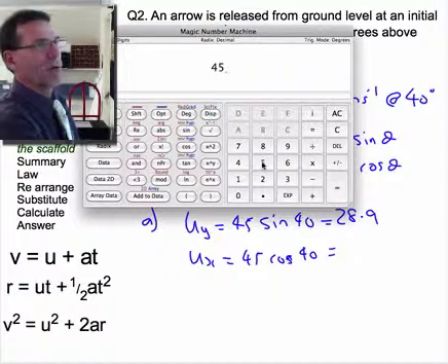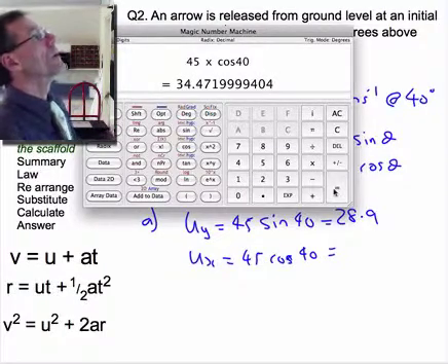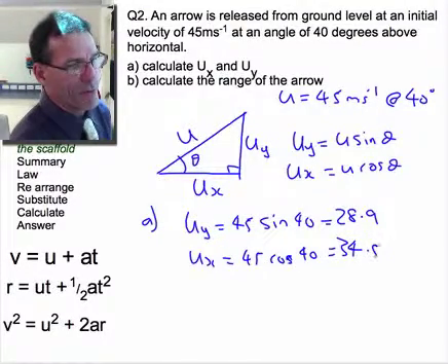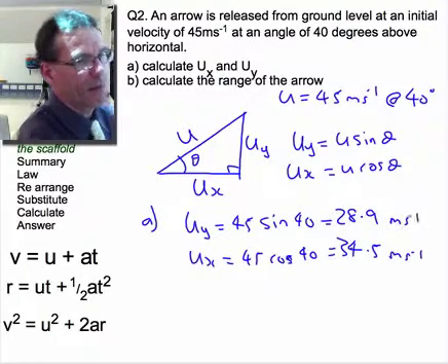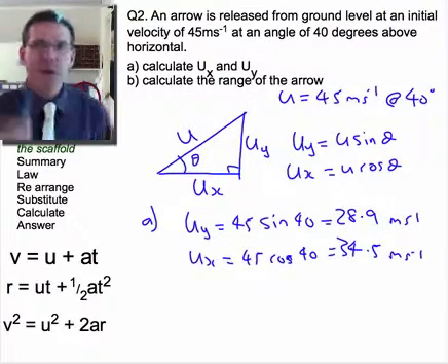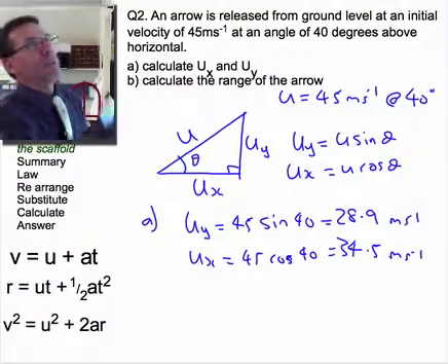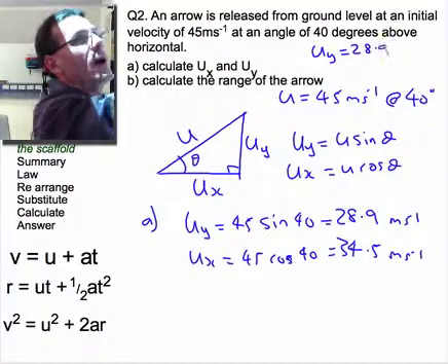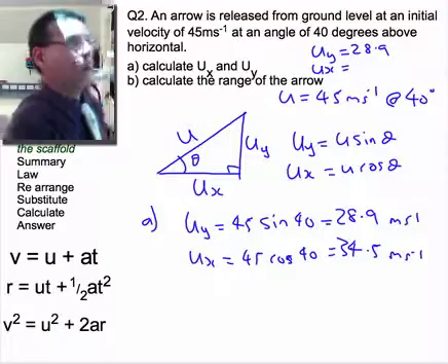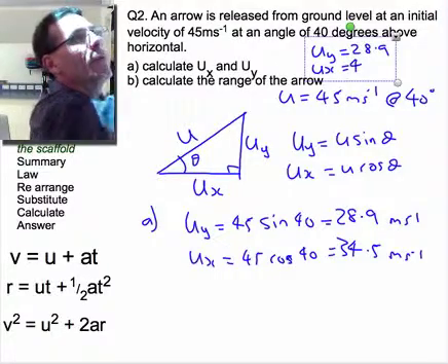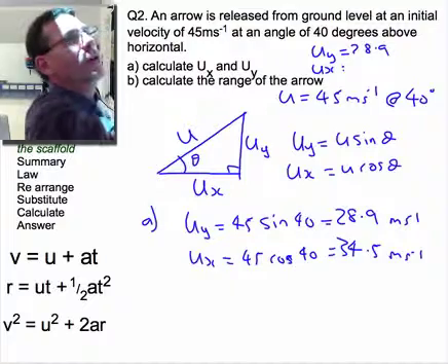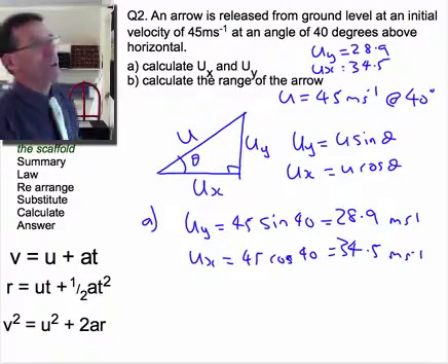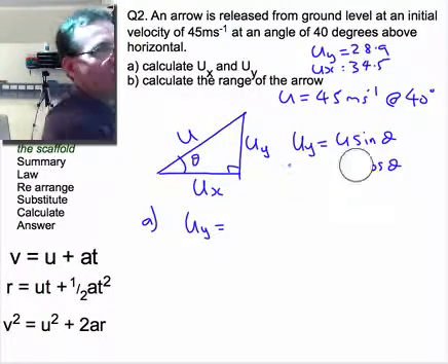And 45 times the cos of 40 degrees gives us 34.5 meters per second. So that means uy equals 28.9 meters per second and ux equals 34.5 meters per second.